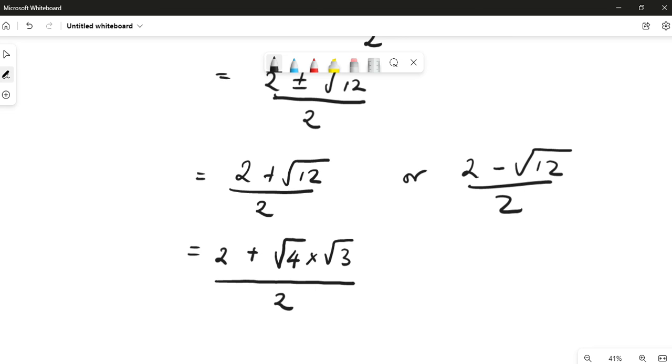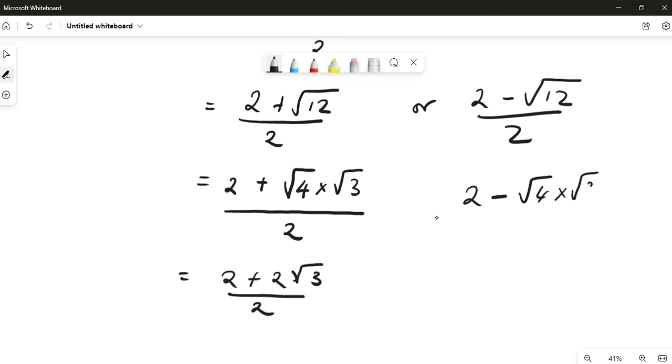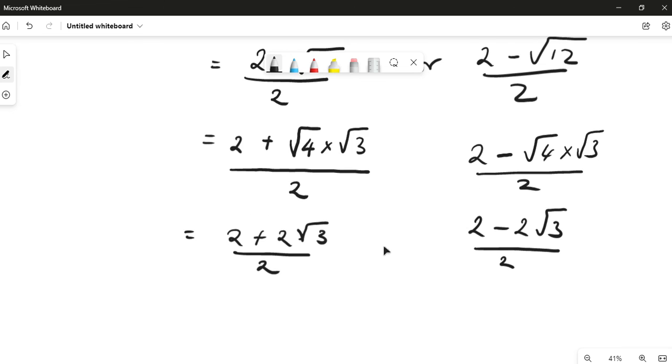Remember from surds, the square root of 4 is 2, so we have 2 plus 2 the square root of 3, over 2. Same thing here, 2 minus the square root of 12, we break it down, so we have 2 minus 2 the square root of 3, over 2.